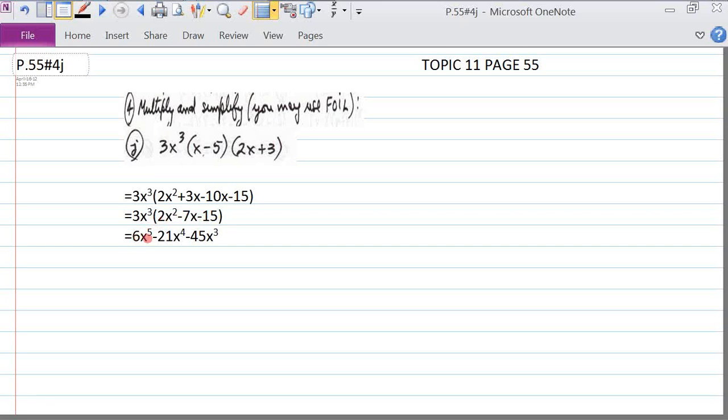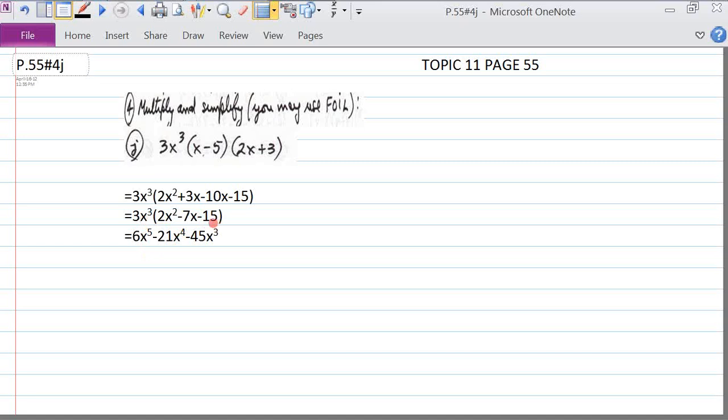That gives us 6x to the 5th because we add the 3 and the 2 here. Next we multiply 3x cubed by minus 7x, which gives us minus 21 because of the 3 and the 7. And x cubed times x to the power 1 gives us x to the 4.